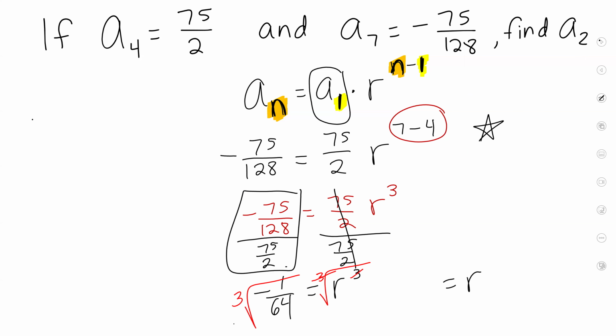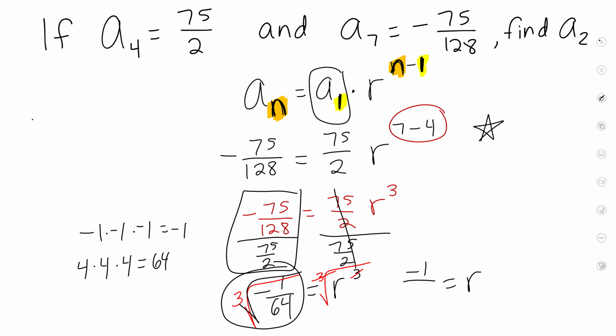Now let's figure out this side. I know that negative 1 times negative 1 times negative 1 is negative 1. So the cube root of negative 1 is negative 1. I know that 4 times 4 times 4 is 64. So that means the cube root of 64 is 4. So that is my ratio.